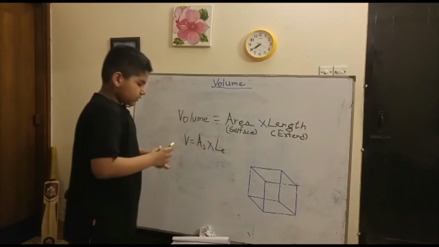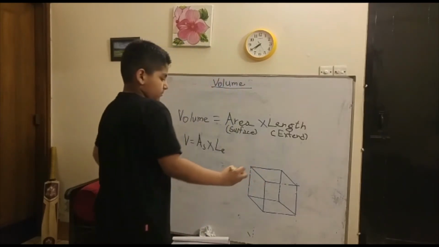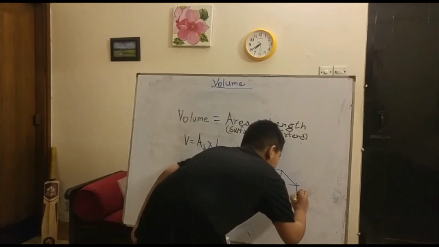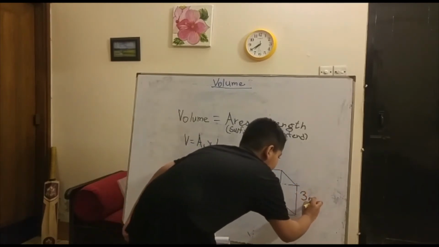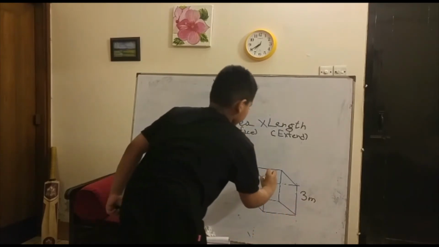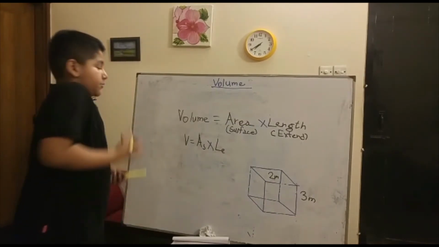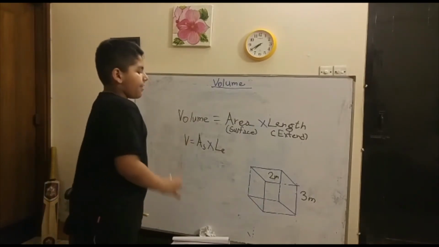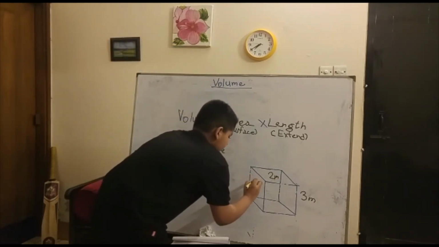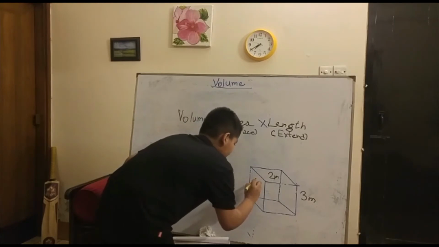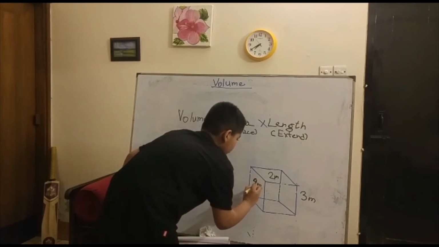So take a rectangular prism with the sides of the rectangle being 3 meters and 2 meters, which multiply to 6 meters squared, and it extends up to, let's say, 4 meters, or actually 2 meters.